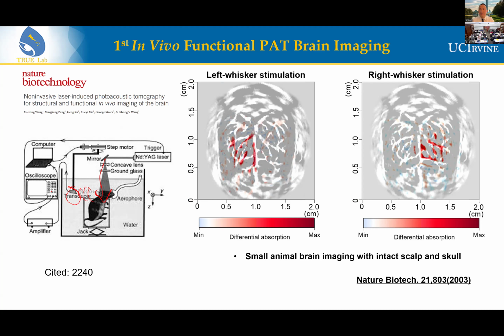In our first generation device, we have a step motor driving the transducer in rotation around the animal brain, and we acquire the data at different steps, say 100 steps or 200 steps, and then we put all the images together. That's how you get these beautiful images.